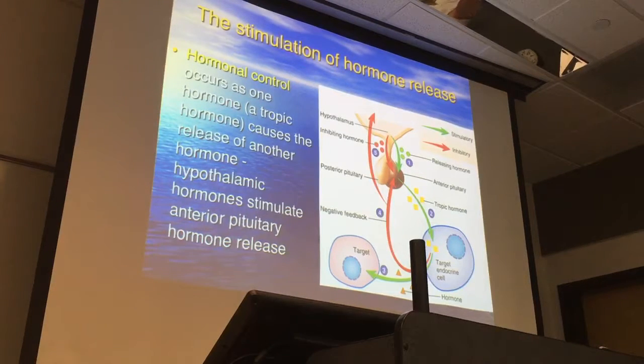Co-stimulation. No, because those oftentimes happen close together in time. These are separated. They're different. I mean, this releasing hormone has no effect on the target cell. None. It's just this tropic hormone.